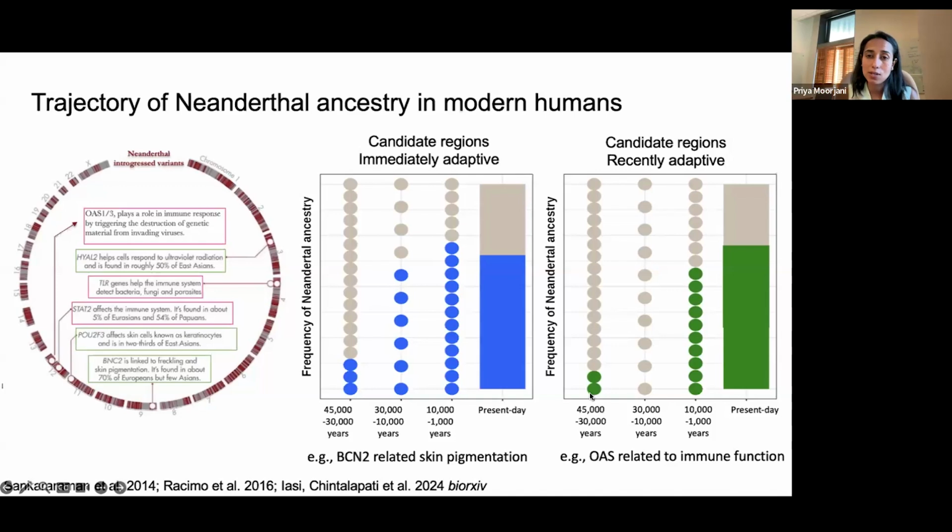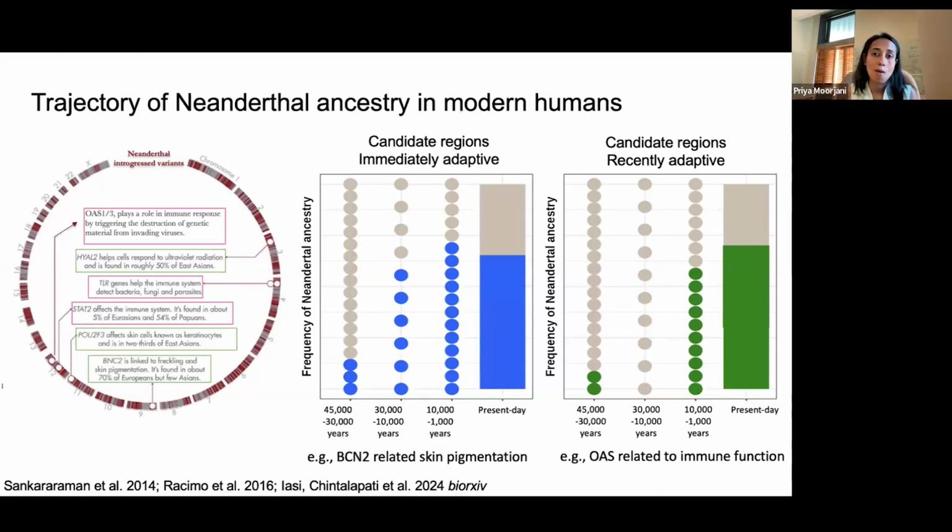If we look at another gene, in this case, the variant was at low frequency, and until 10,000 years ago it did not really increase in frequency, but then something changed and it quickly increased in frequency and is at high frequency in present-day individuals. And this might be a variant that has recently become adaptive.